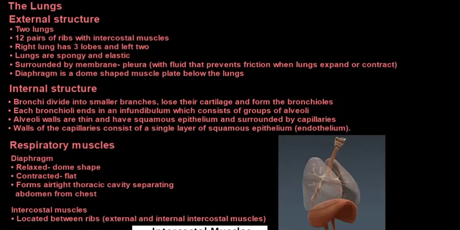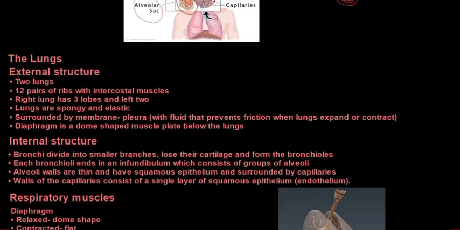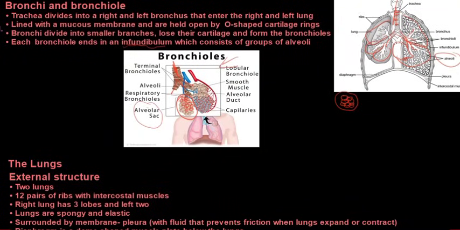Then the lungs are spongy and elastic. Well, they have to be to hold that amount of air, and they are surrounded by a membrane called the pleura that is filled with fluid that prevents friction when the lungs expand or contract. So the pleura, you can see on this diagram, just sits in between the lungs and the ribs.